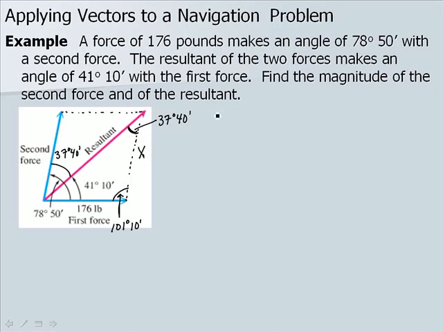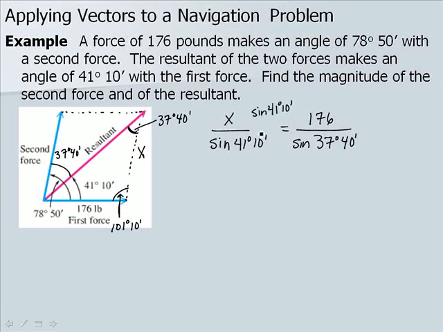So here we have x over the sine of the angle opposite it, which is 41 degrees 10 minutes, is equal to 176 over the sine of the angle opposite it, which is 37 degrees 40 minutes. So we'll multiply both sides by our sine of 41 degrees 10 minutes, to get our value for x.